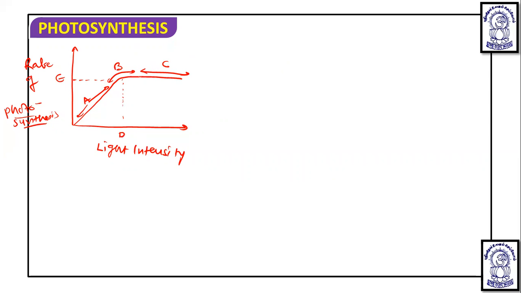So what do the above points indicate? In the above graph, the effect of light on the rate of photosynthesis is shown. Here we can note that at point A, the light is low and other factors are proper, so light is the limiting factor.